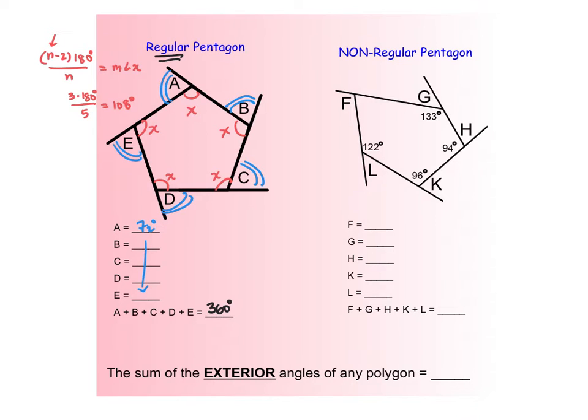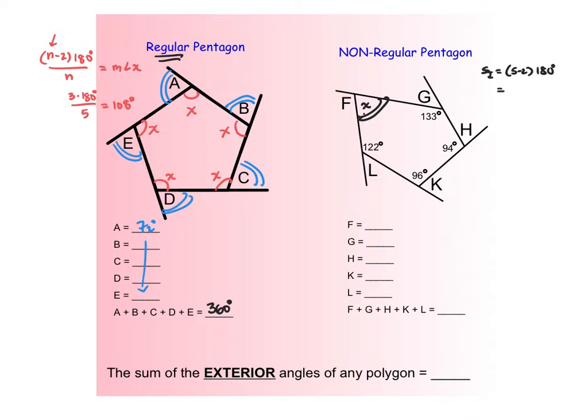So we've got pentagon FGHKL. And we've got each of these measures, right? We got 122, 133, 94, 96, and then some unknown angle measure x. So let's find that angle measure. Now, in a pentagon, I know that the sum of the interior angles will be n minus 2 times 180.